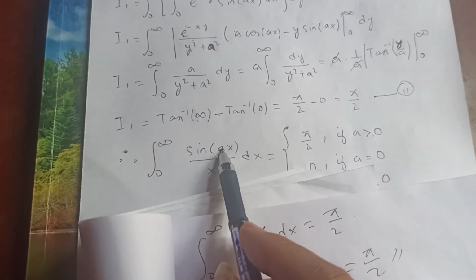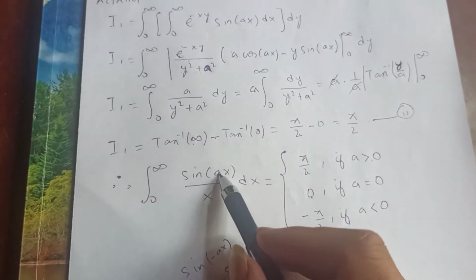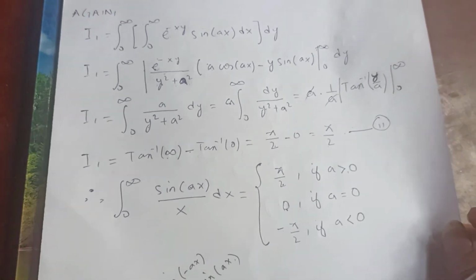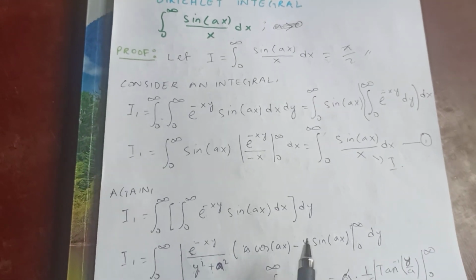If you put any positive value for a, you still get only pi by 2. If a is 0, the integral will be 0. If a is negative, it will be negative pi over 2. So this is for the condition. Our Dirichlet integral is nothing but pi over 2.